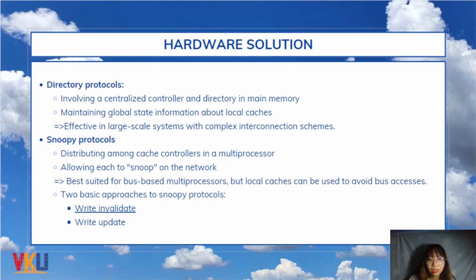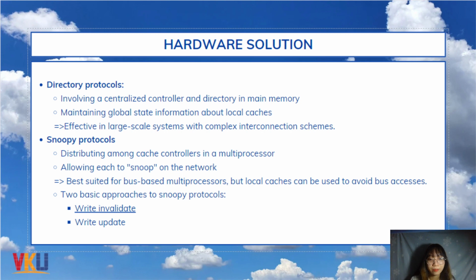The second protocol I mention here is the snooping protocol. The snooping protocols distribute caches among the controllers in a multiprocessor, allowing each to snoop on the network. They are best suited for the bus-based multiprocessor, where local caches can be used to avoid the bus accesses.